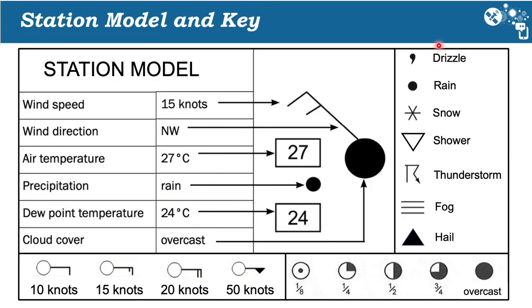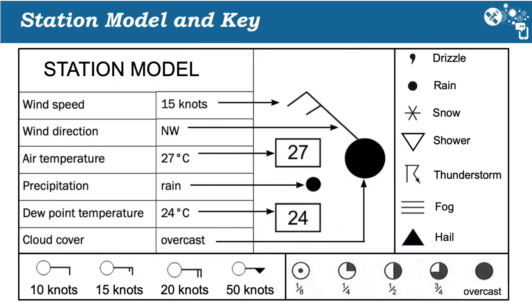Here we see the different types of precipitation: drizzle, rain, snow, shower, my favorite, thunderstorms, fog, and hail. We notice the wind direction here. It's coming from the northwest. So it's a northwesterly wind, and there's a long feather and a shorter one, so that would be 10 plus 5, giving me 15 knots. And these are the weather conditions portrayed by this particular weather station.